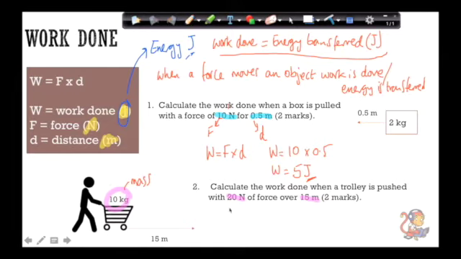I need a force, which I get from over here, a distance, which I get from the 15 metres here, and I need to put it into my equation. So work done equals force times distance, so work done equals 20 newtons times 15, which will give me 300 joules. And that is the work done when this object is moved with a force of 20 newtons over 15 metres.